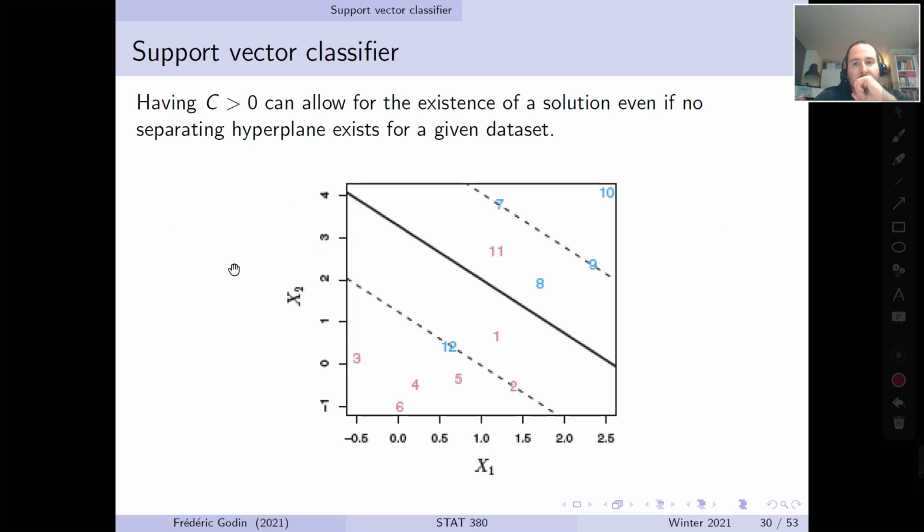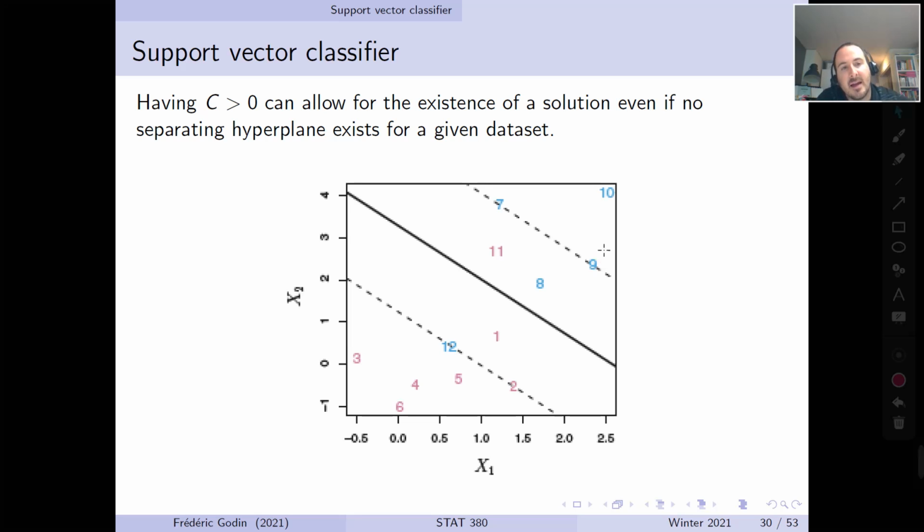Okay, so another benefit of adding this C greater than 0 is that it allows for solutions of the optimization problem even if no separating hyperplane exists. Because let's say we have this data, so this figure is drawn from the ISL textbook again. Let's say we have this data set, then it wouldn't be possible to separate the blue observations from the pink ones.